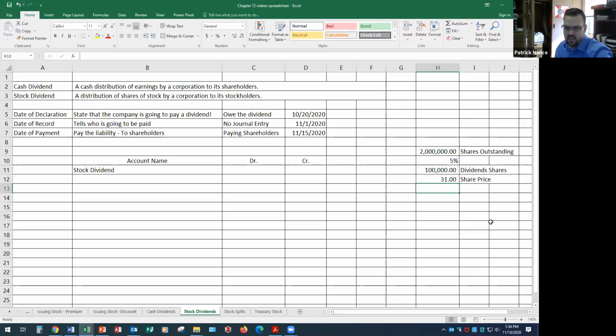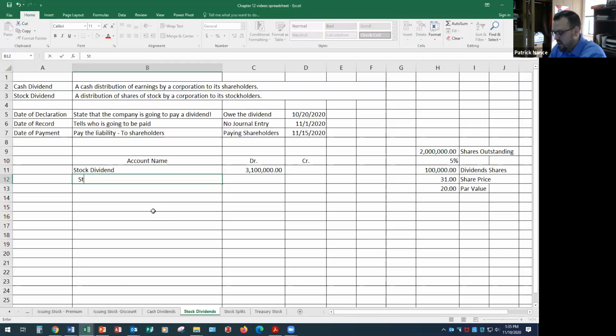But any difference between the par value and the share price, we record in paid in capital in excess of par. So these have a $20 par value. So the stock dividend itself is going to be the 100,000 shares at $31 stock price per share. And this is at my date of declaration.